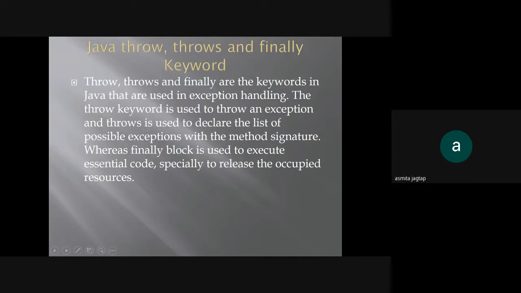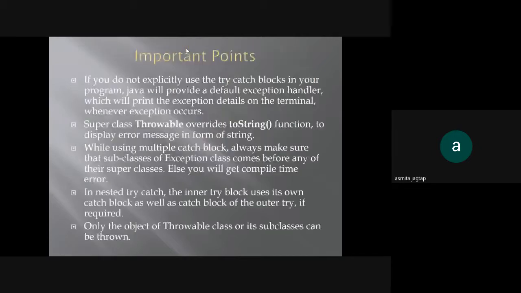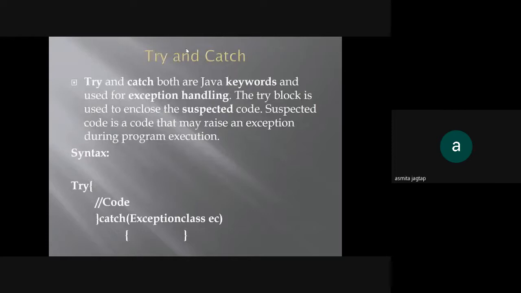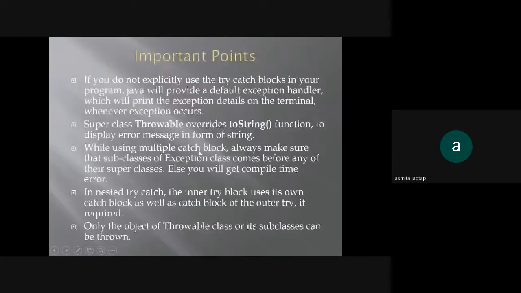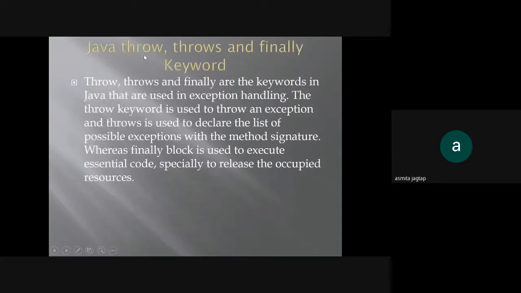So only the object of a throwable class or subclass can be thrown. Here, with the help of throw and throws, we can only throw the object of the throwable class. And we handle it inside the catch statement.